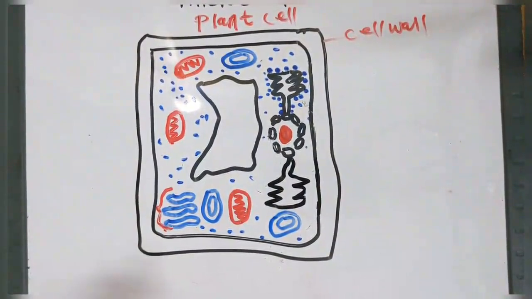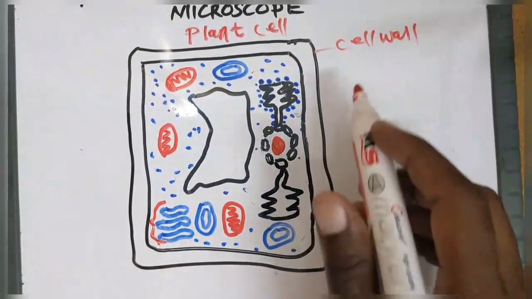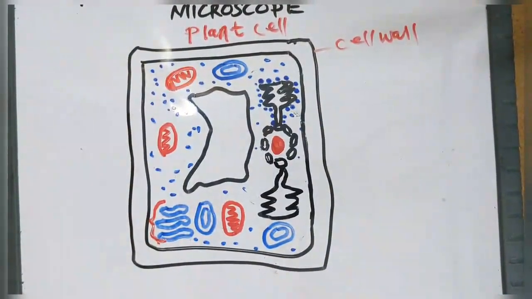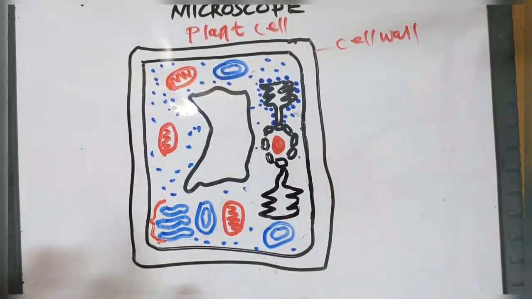But for the sake of those who didn't watch the previous video, I'll talk about it. You remember I said that the cell wall's function is to give the cell a shape.